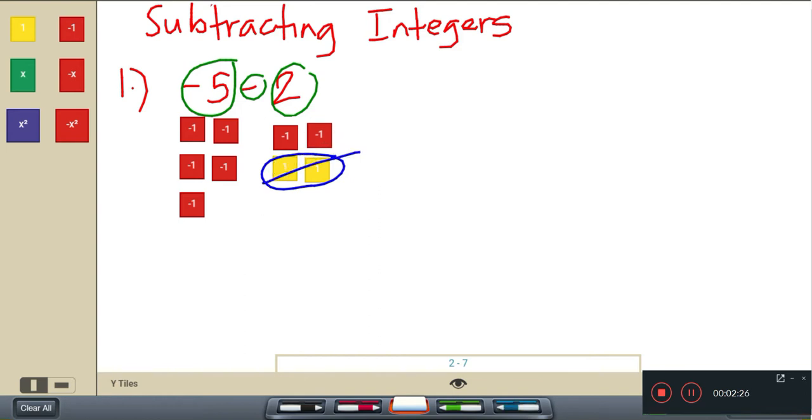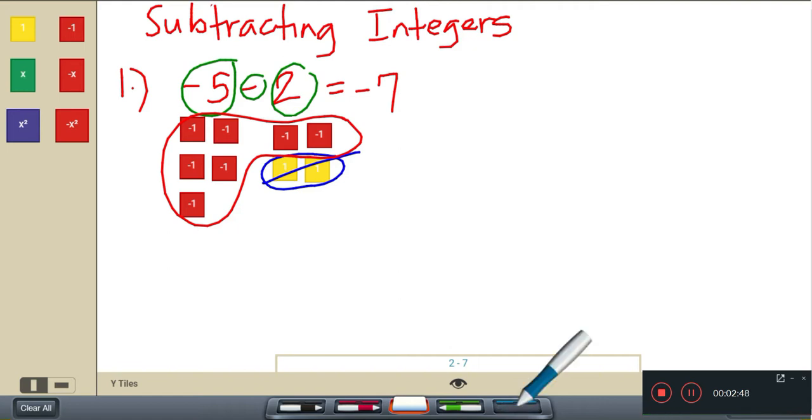How many are left? Negative 7, not 5. So the answer is negative 7. Okay, we'll have another example.